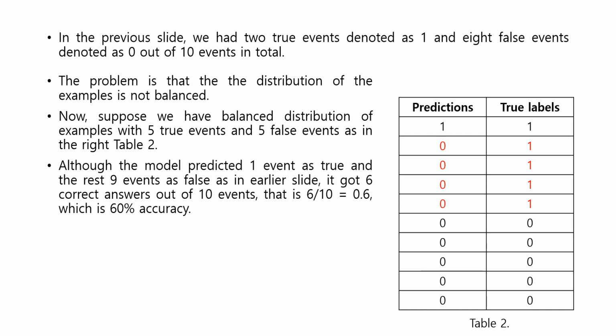Although the model predicted one event as true and the remaining 9 events as false as in the earlier slide, it got 6 correct answers out of 10 events, that is 6 out of 10 is 0.6.